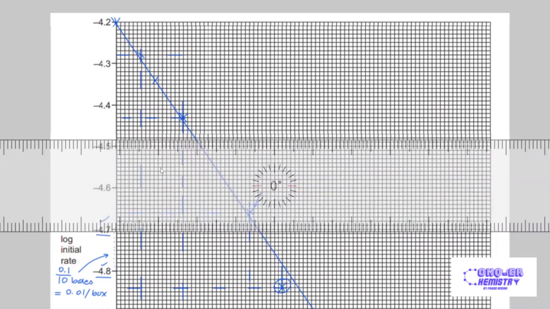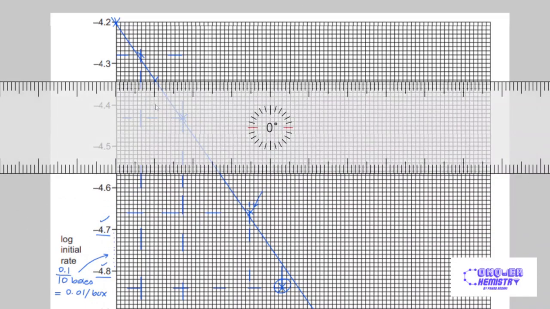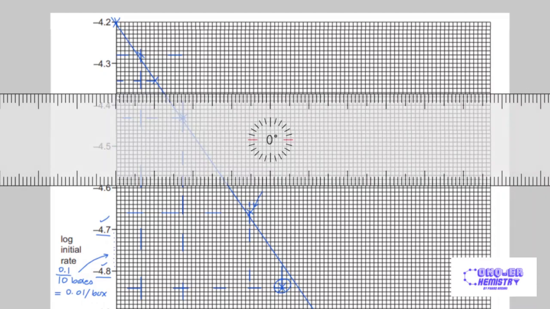So let's read this off. On the y-axis, we have 1, 2, 3, 4 small boxes. So that's going to be minus 4.34.